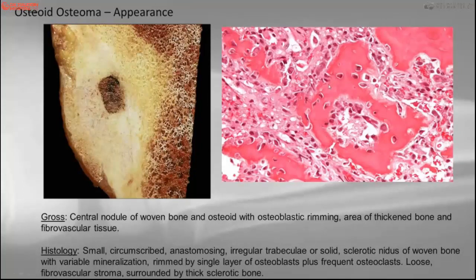You see these are all the osteoid, the central nidus, with variable mineralization and rimmed by a single layer of osteoblasts plus frequent osteoclasts. We can also see loose fibrovascular stroma surrounded by thick sclerotic bone. So the key is to see the osteoid.